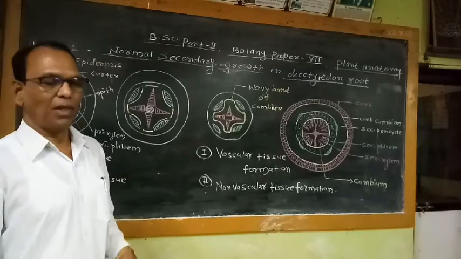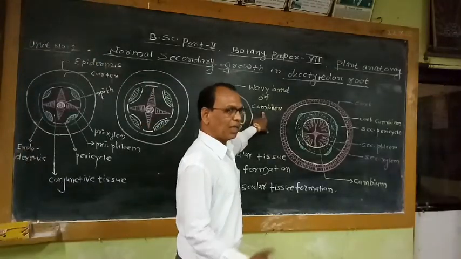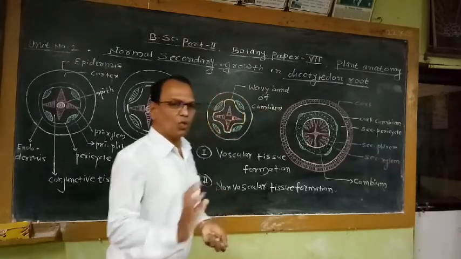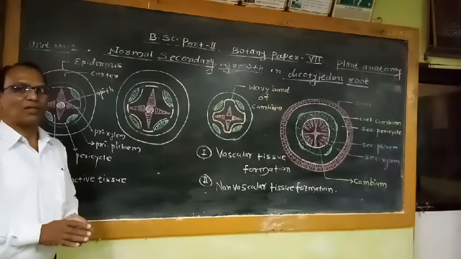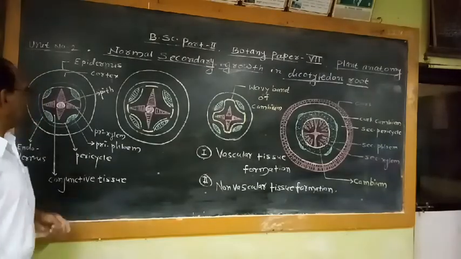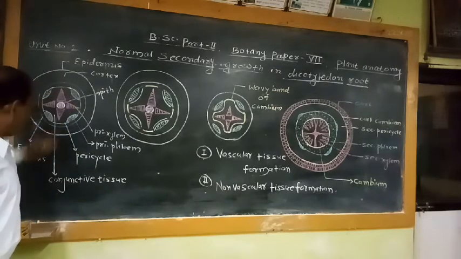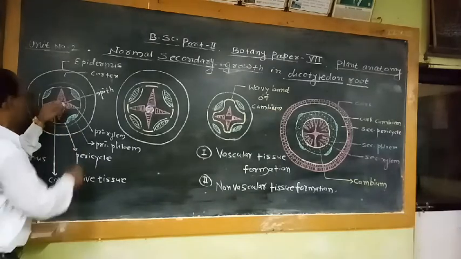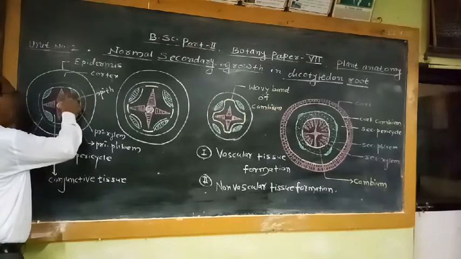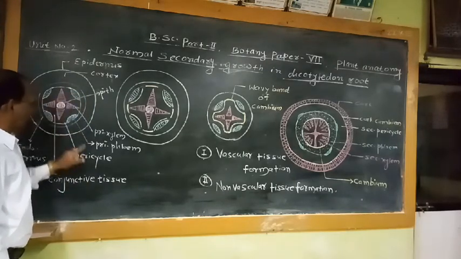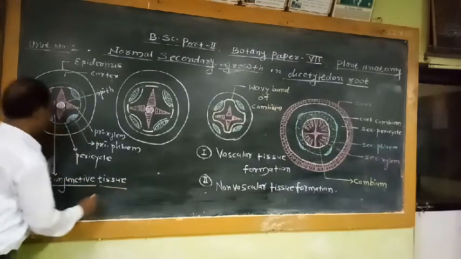I have told you earlier, secondary growth takes place due to the activity of cambium. Originally cambium is not there in root. It develops later on. When the plant requires this addition of secondary tissue, at that time some cells below the phloem bundle, the cells between phloem bundle and xylem bundle, are known as conjunctive tissue cells.